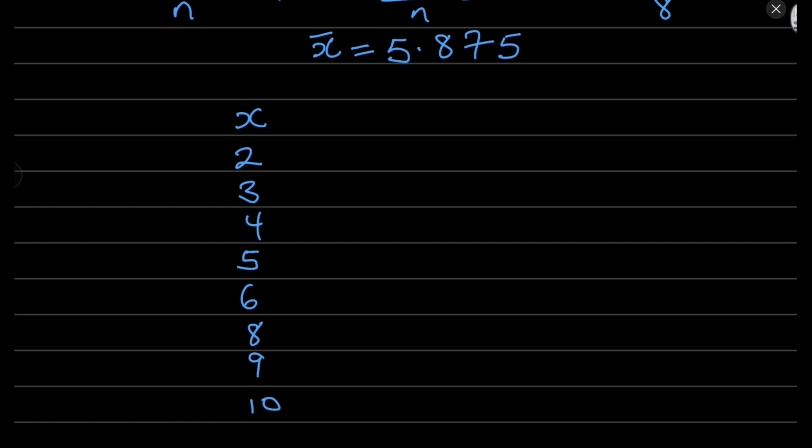Then, to make things simpler for you, you can just say x bar. Don't forget that the x bar is the same for everything because they all have the same mean. So you can repeat your x bar values.